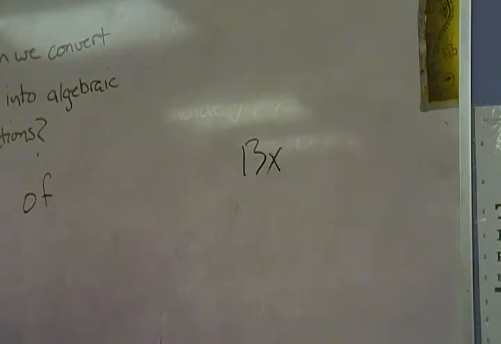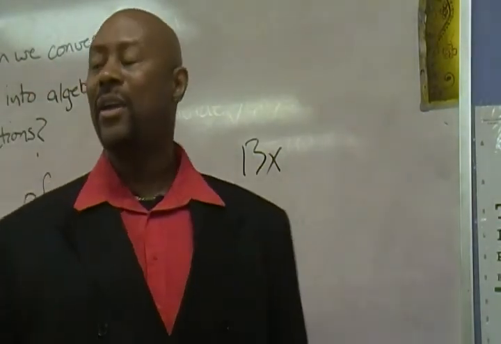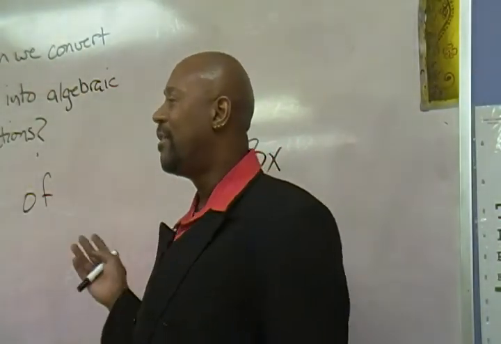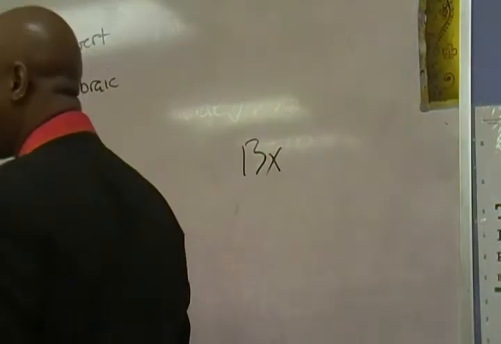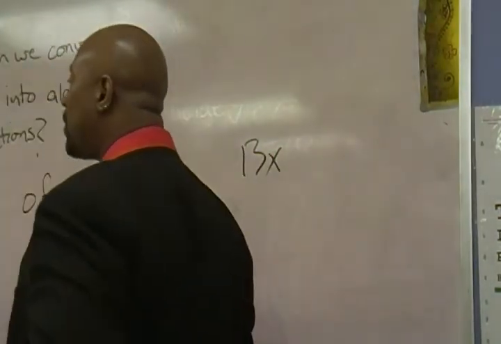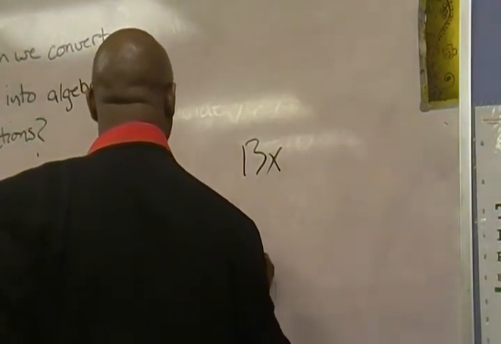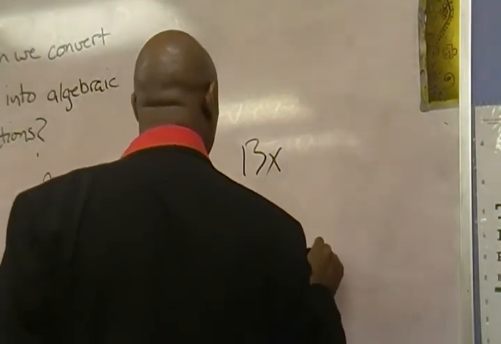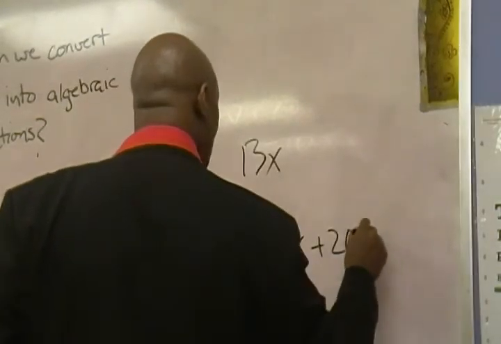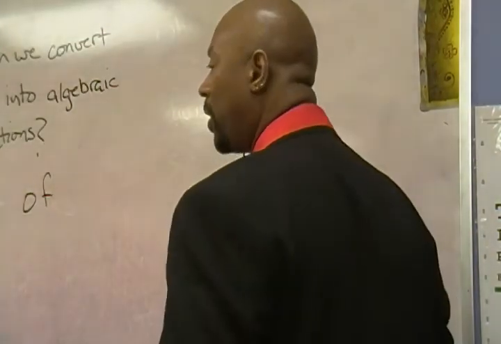Because the whole trick with any variable, whether it's x, y, whatever, is that you want to get the x by itself. Just like what we just had: x plus 2x plus x, and then x plus 20 equals 180. That was just on the board.